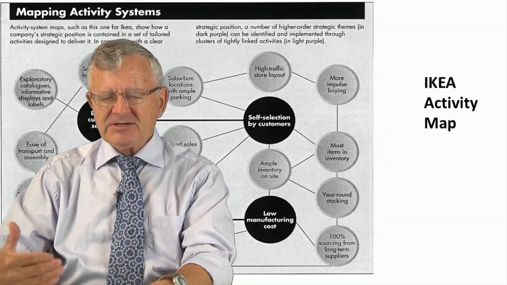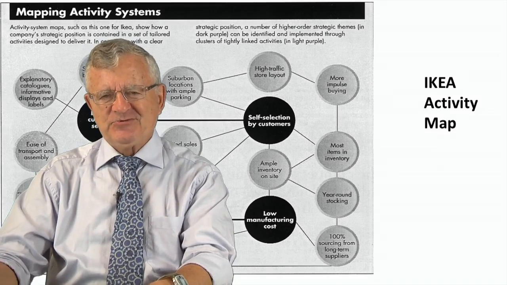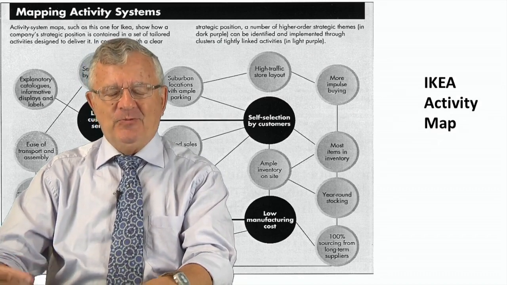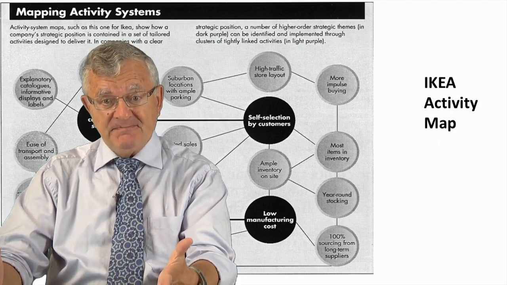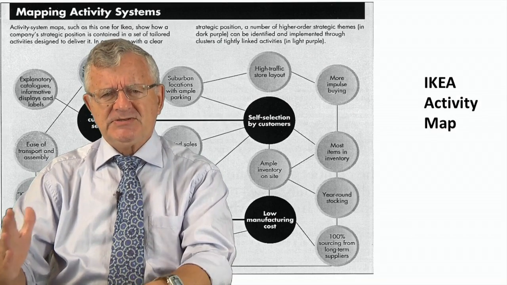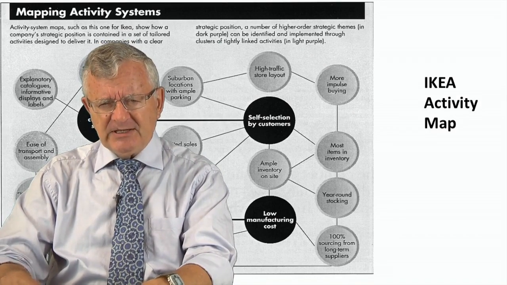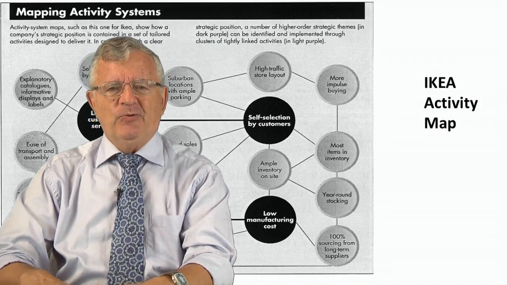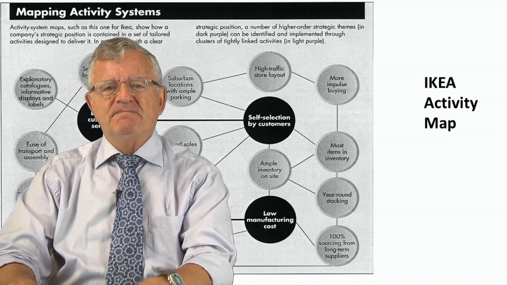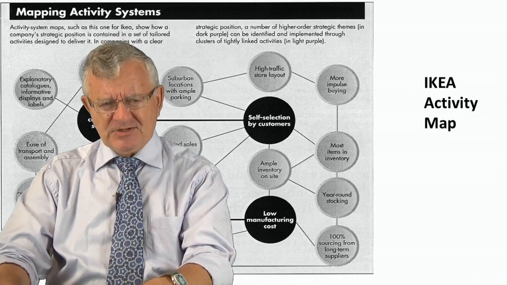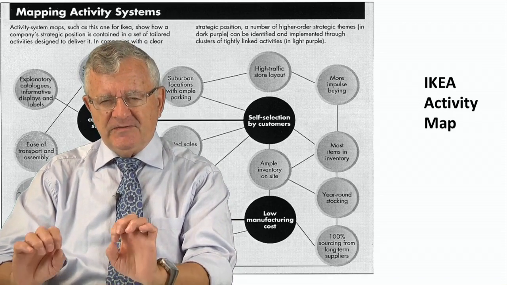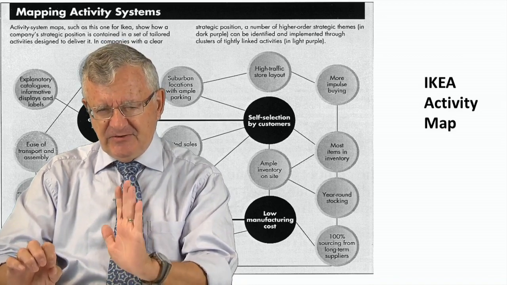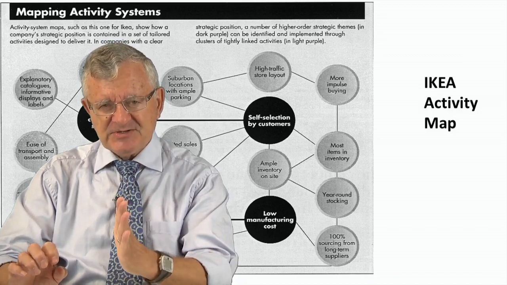So actually IKEA's activity map was drawn well after IKEA was functioning and in place. But my suggestion to you is, as a startup entrepreneur, can you sit down with your wonderful creative idea, your product or process or service, and you've defined how you're creating value and you've broken it down and you know what the features are.